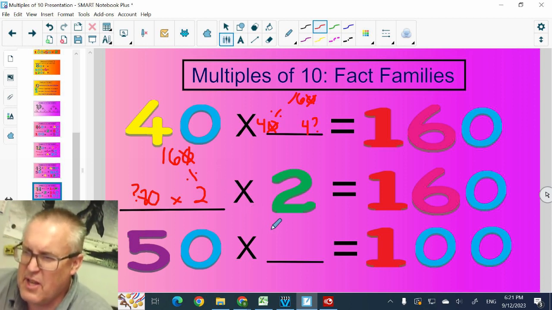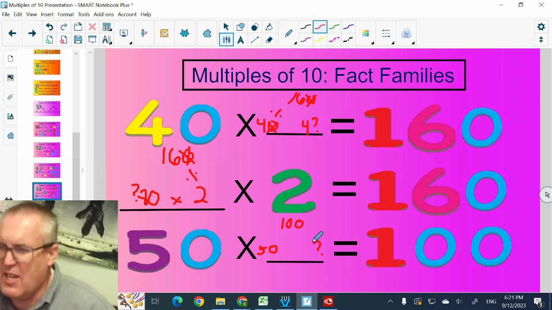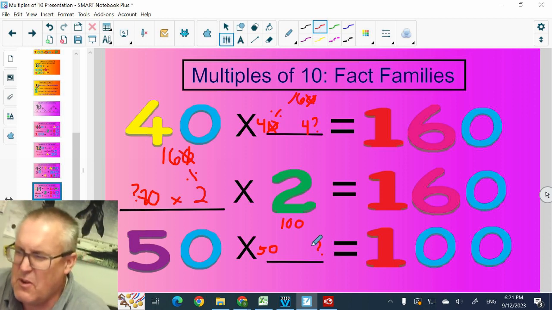And here we go. Alright, so we're going to put the product at top, 100. Okay. Then it looks like we got the 50 down here, so we're going to put on that side. And then we're going to put our question mark here. That question mark could be an X or Z or whatever, just a space, whatever you want.